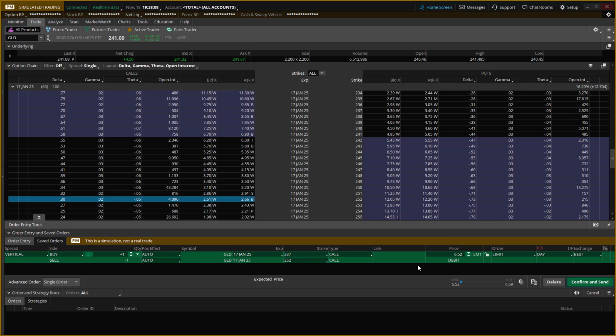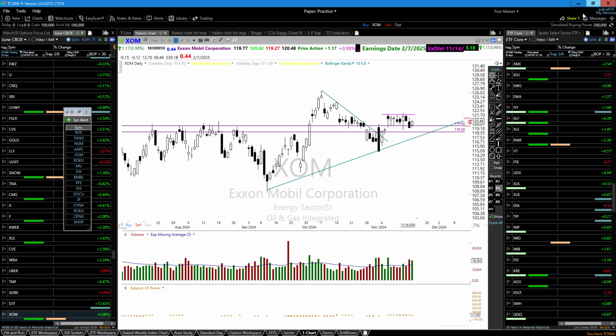How many days out do I get? Well, one of the rules I have for trading is if I'm thinking directionally long on a position, anytime I take a directional trade, I usually want to have 60 days plus.